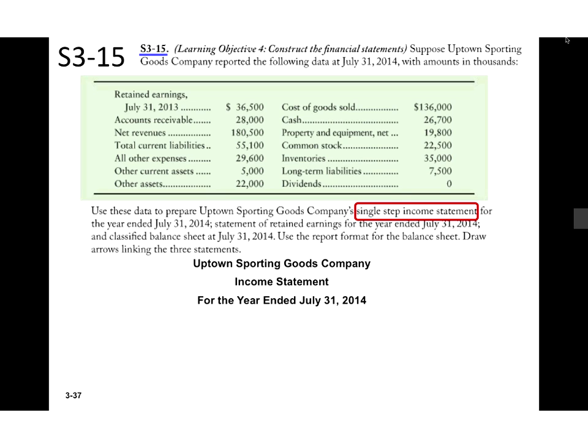Okay. So we have the income statement for the year ended, and what we're going to do now is go up above and pick out all the revenues. In a single step income statement, we're going to have revenues up here given to us.